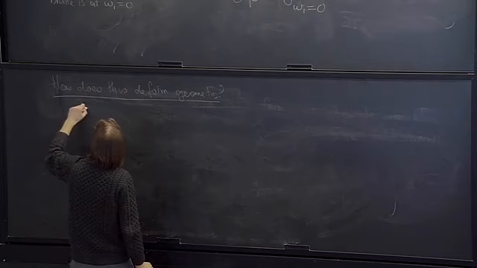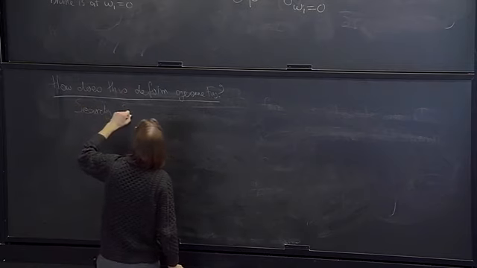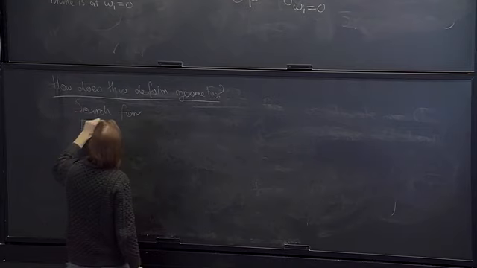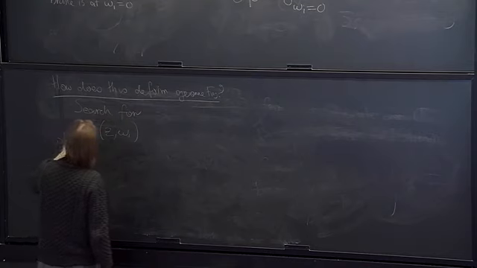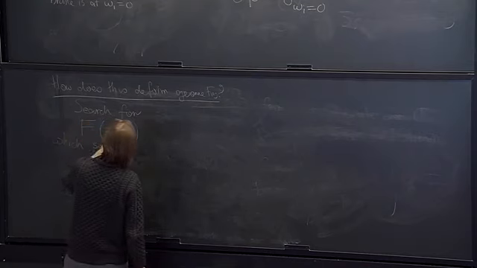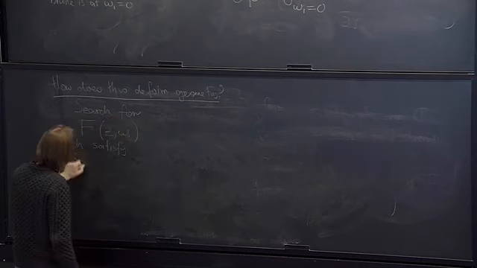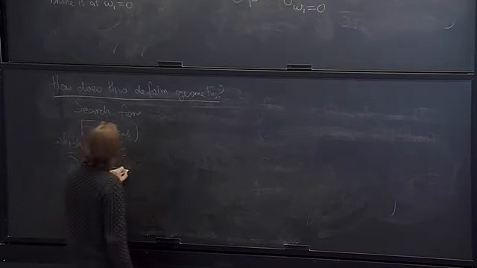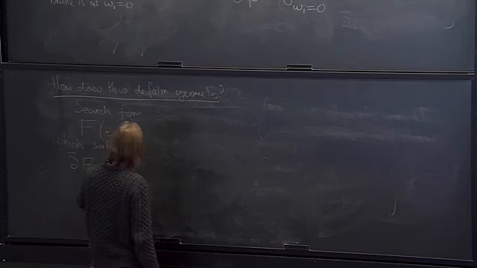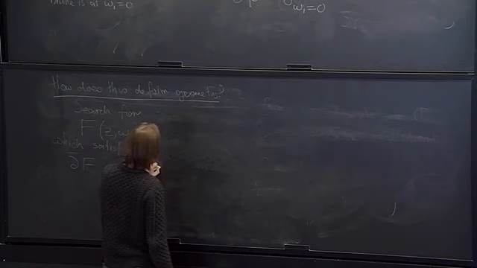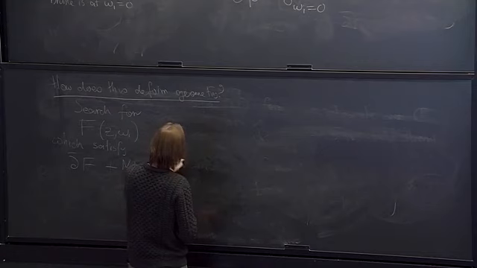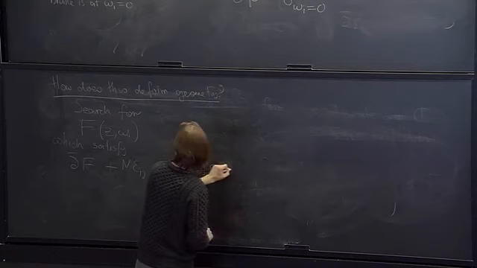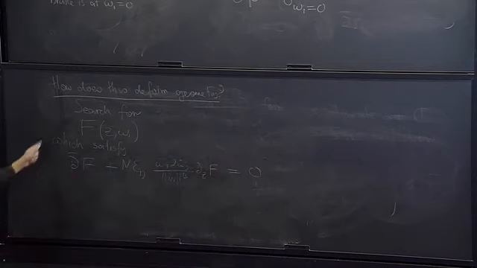So we search for functions f of z and wi which satisfy d bar f plus epsilon n times epsilon ij... So this is the new equation.